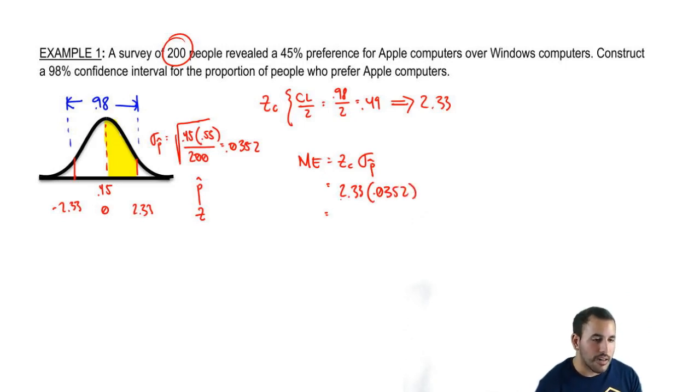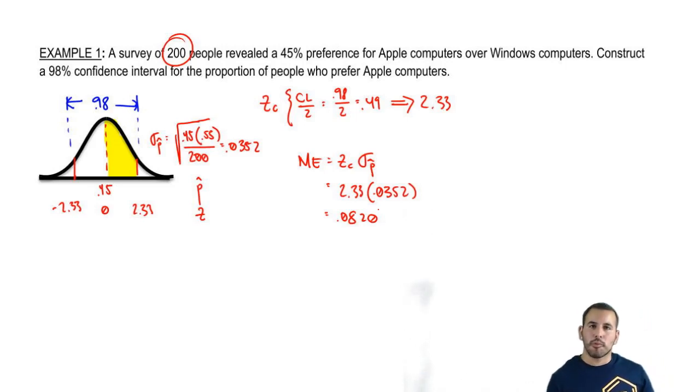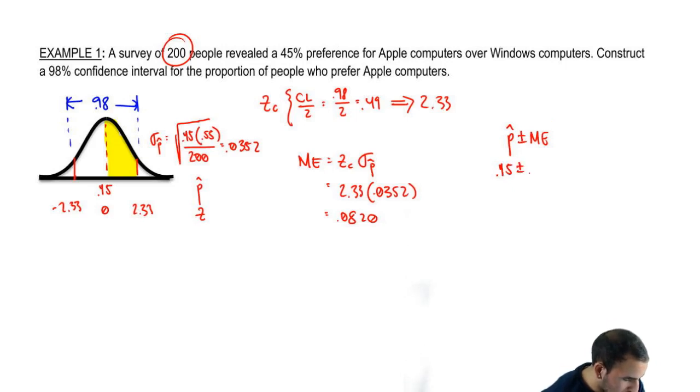So once we multiply these out, we get 0.0820. So now all we do is the sample proportion plus or minus that error, right? So p hat plus or minus the margin of error. So we get 0.45 plus or minus 0.0820.